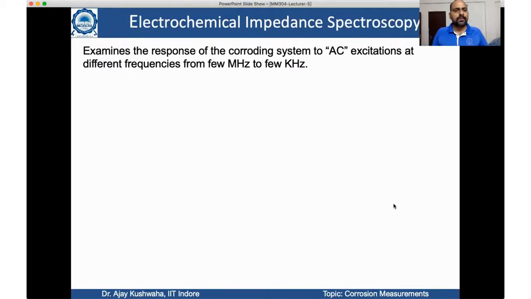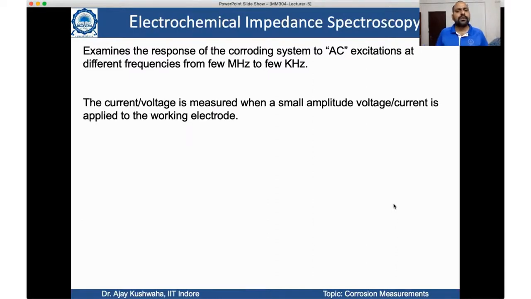So what do we mean by impedance? Here we are basically going to use AC excitation to monitor the corrosion conditions or to analyze the corrosion, and we are going to apply different frequencies, which may range from a few megahertz to a few kilohertz, depending upon the materials.